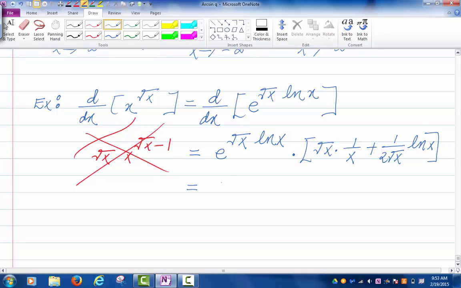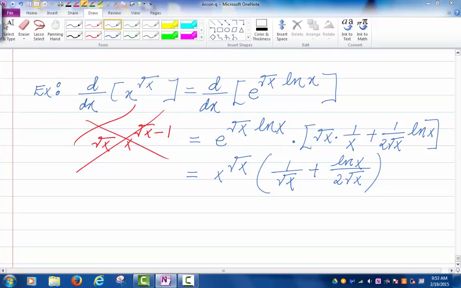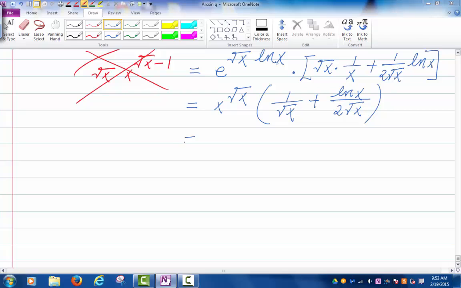What is e to the root x ln of x? Well, it is still x to the root x, right? And within the brackets I have 1 over root x plus ln x divided by 2 root x. And finally, if you want, you can simplify a little bit by factoring out 1 over 2 root x, and you still have x to the root x.